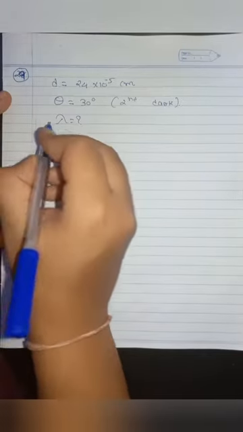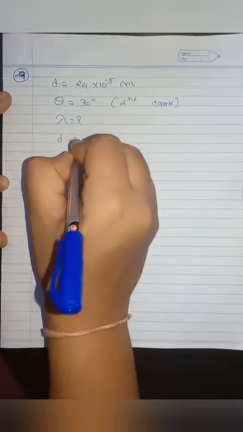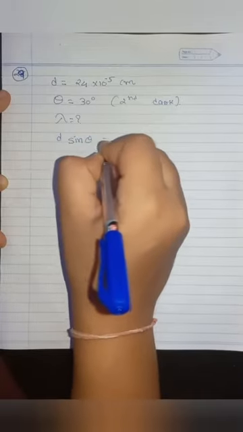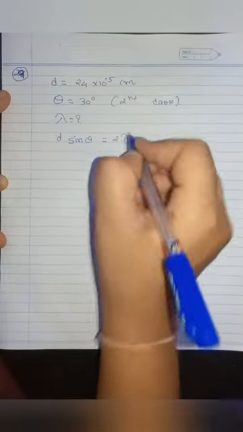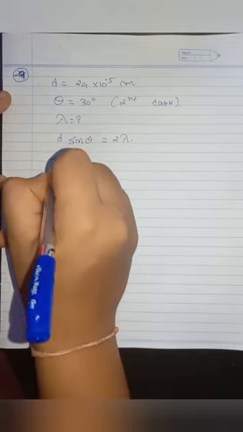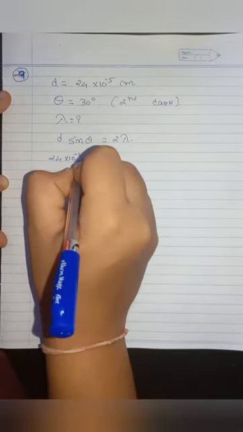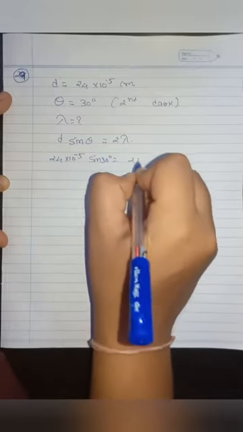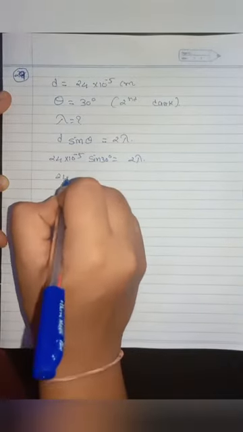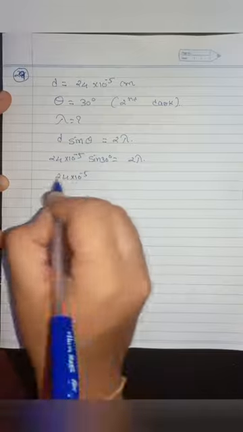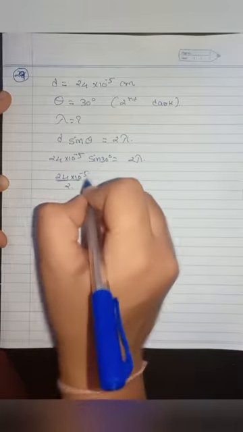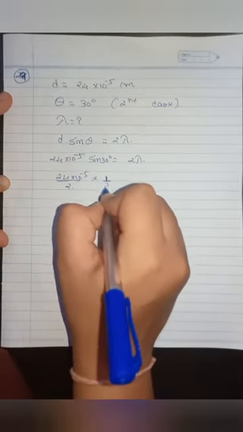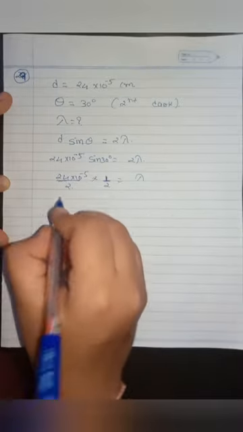For the second dark fringe, the condition is d sine theta equals 2 lambda. Here d is 24 into 10 power minus 5 into sine 30 degree equals 2 lambda. So 24 into 10 power minus 5 divided by 2, since sine 30 is half, is equal to lambda.